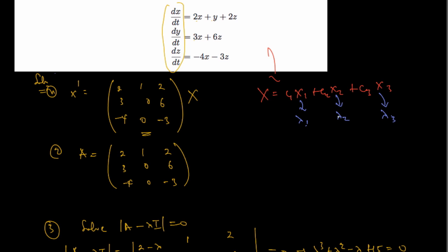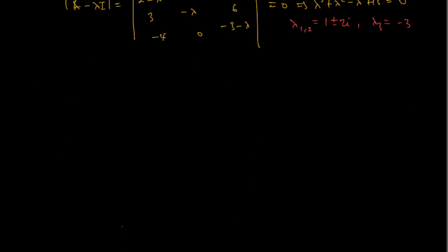Or probably lambda 1, 2, 3 are the same, or whichever the case may be. But what's most important is that x1, x2 and x3 must be linearly independent. That's very, very important for them to form a general solution.